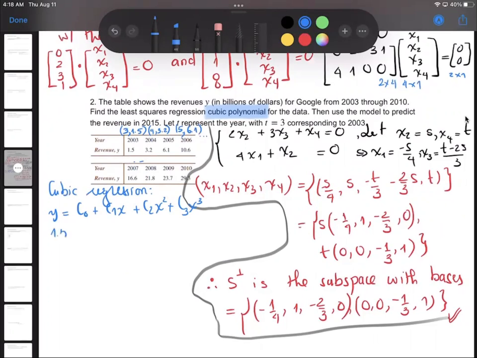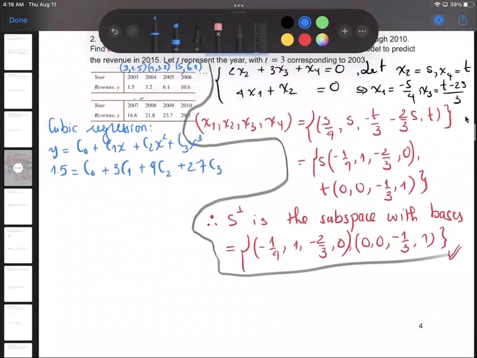The first one: I have 1.5, that's my y, equals c naught, my constant, plus 3c1, since x is 3, plus x squared, 3 squared is 9, so 9c2, plus 27c3, since 3 cubed is 27.